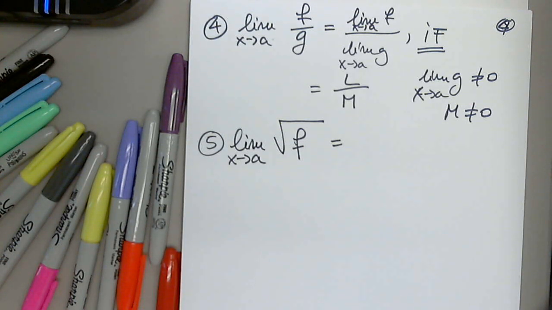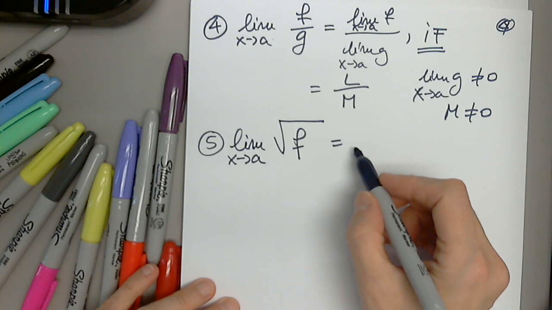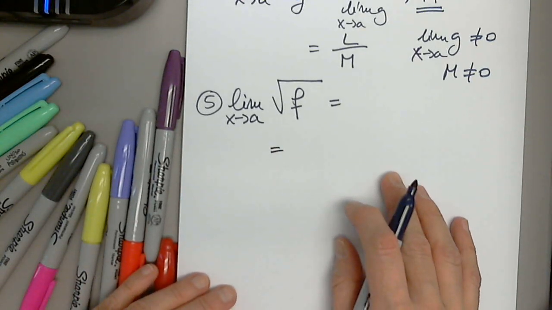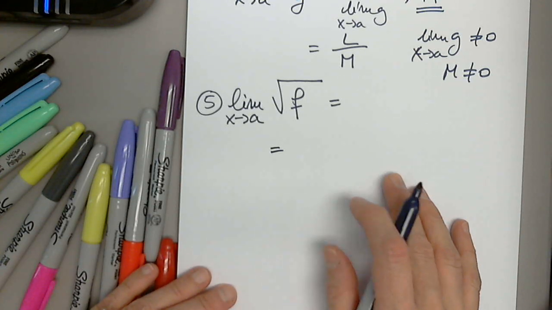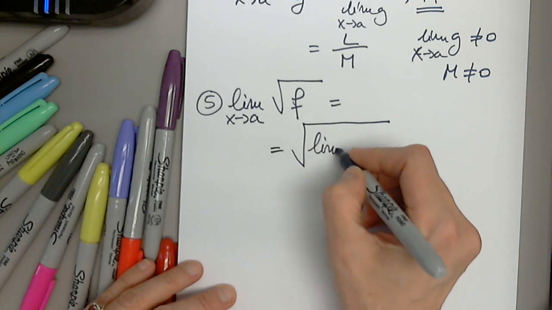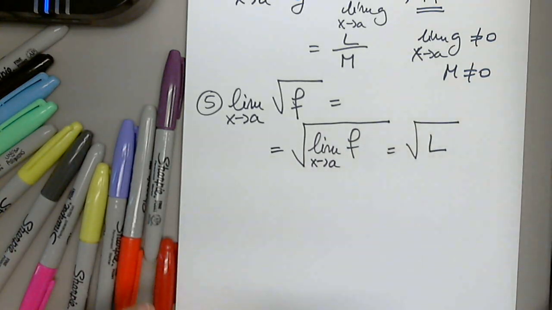What will you write? Limit of square root f is the square root of the limit of f as x approaches a, which will be the square root of L.